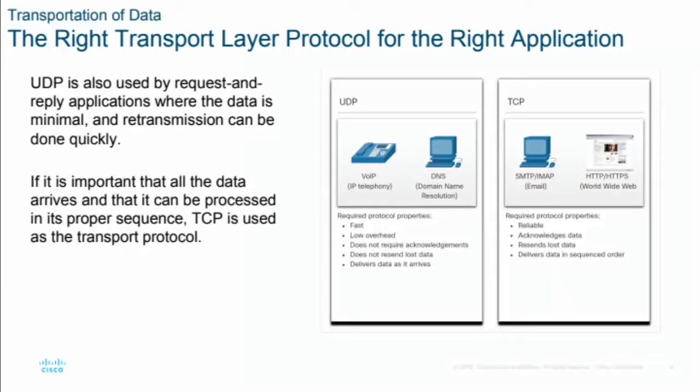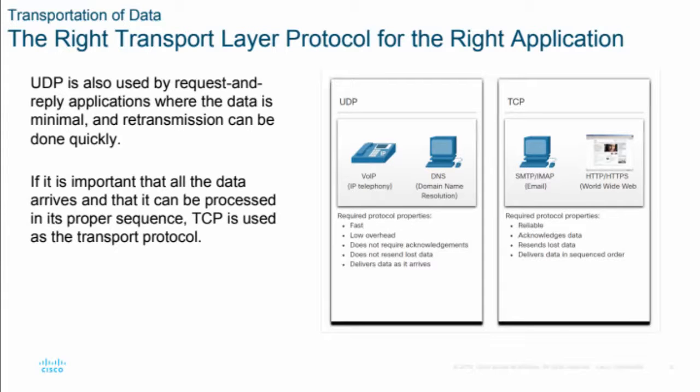For IP telephony, you need speed. So UDP, because even if you are talking with someone, one millisecond is all right. You can control this with quality of service. So for IP telephony, it's UDP.